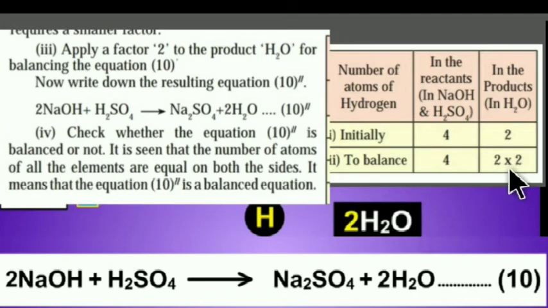Let us see 2H2O, that is 2 into 2, 4 hydrogen, and this 2 is for oxygen also. Now write down the resulting equation, equation 10(2). That is twice NaOH plus H2SO4 gives Na2SO4 plus twice H2O. So this is equation number 10(2).